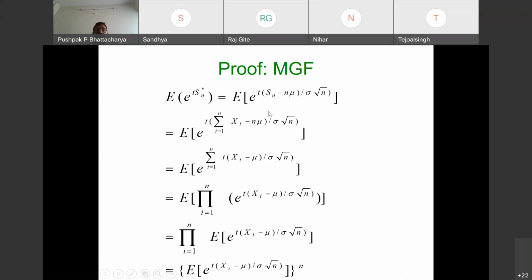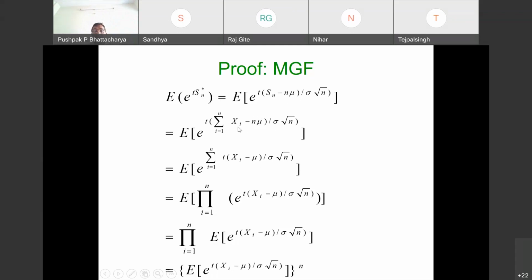So if you recall, the proof went as follows. We'll just look at the steps once again. Expectation of e to the power t Sn minus n mu divided by sigma root n. This is as per the definition of Sn star.